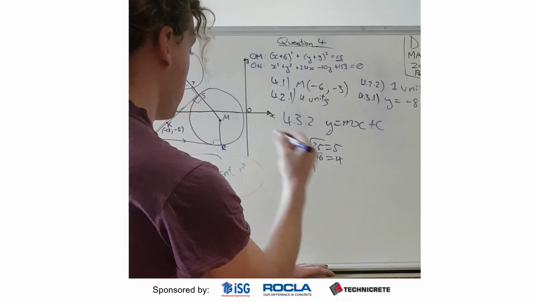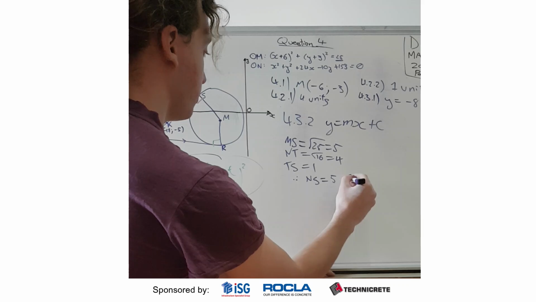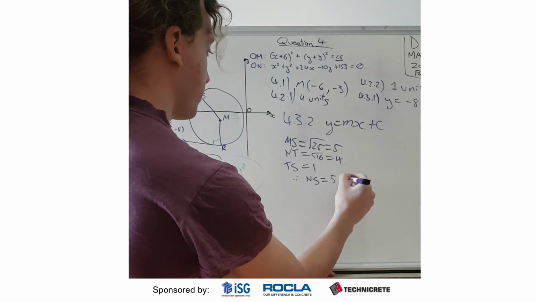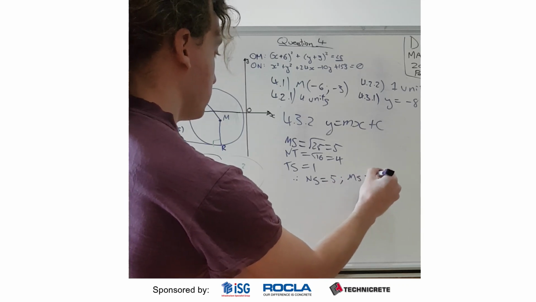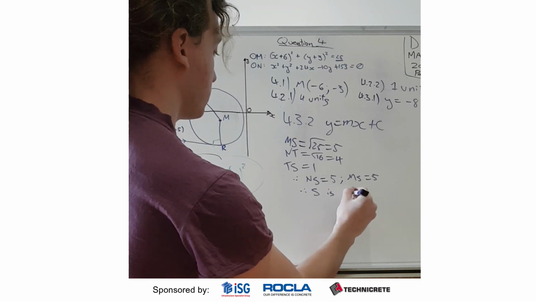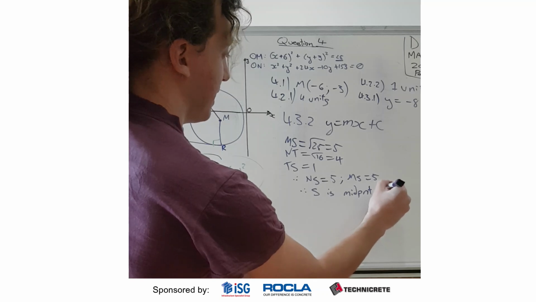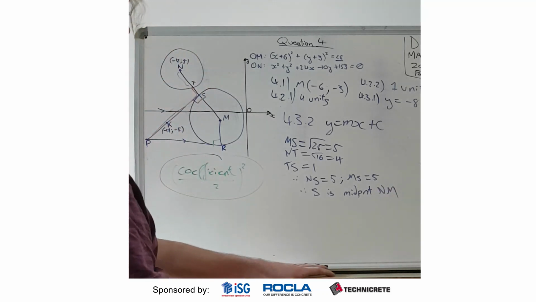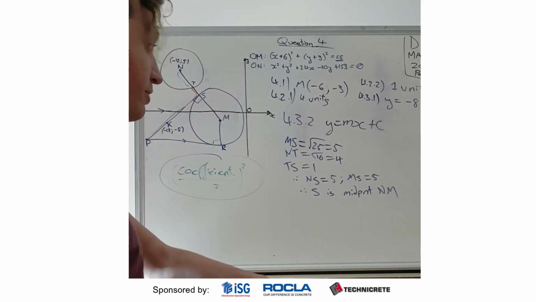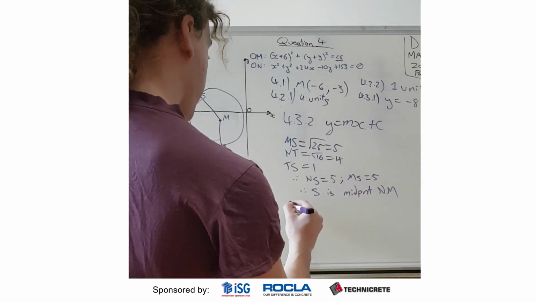Therefore, NS is equal to 5, MS is equal to 5, therefore S is a midpoint of NM. And if something's the midpoint, it's very easy to calculate its exact coordinates.